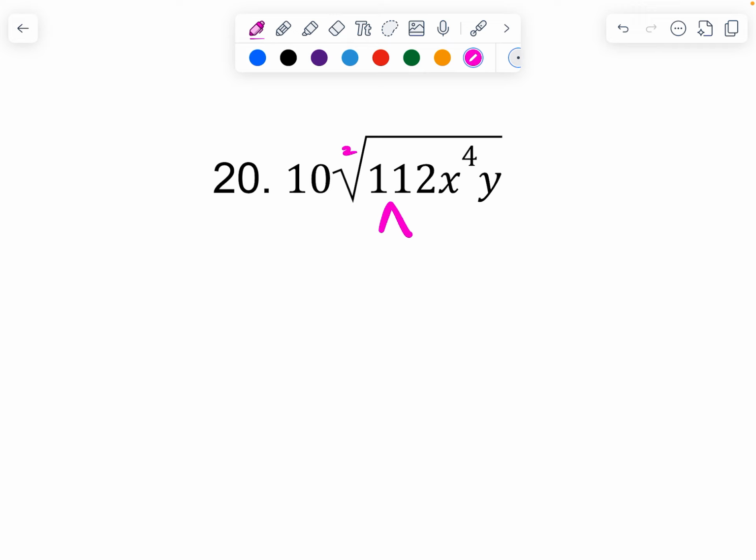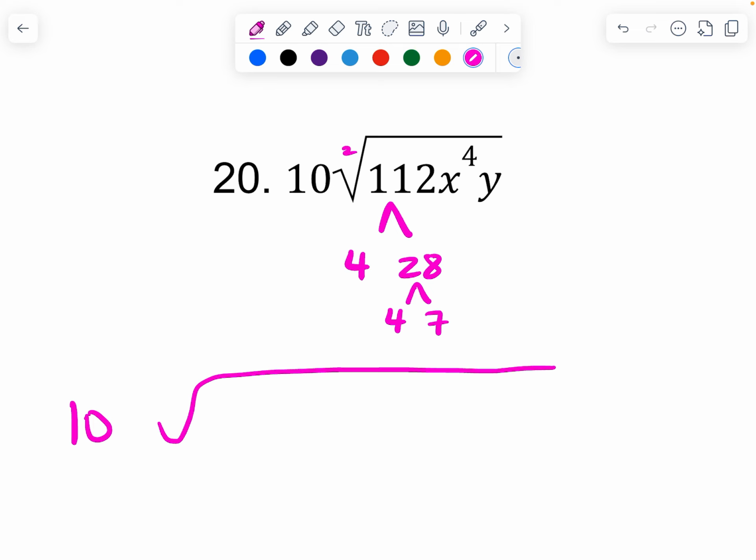So this one, let's see. Does 4 go into 112? Well, 12 is on the end, so that automatically means, look at that, 16 times 7. Okay, so I have a 10 on the outside. I'm taking the square root of 4 squared times 7, x to the 4th, y.